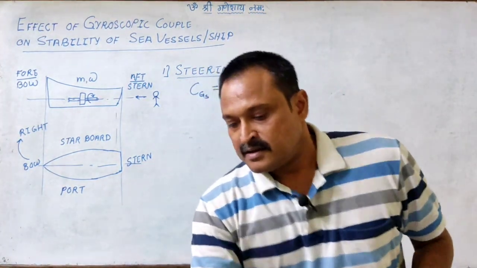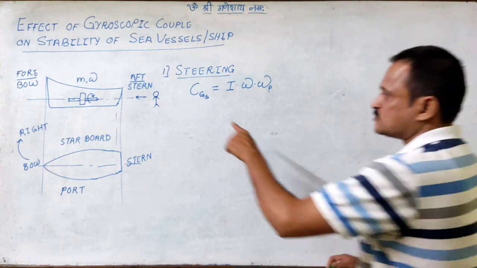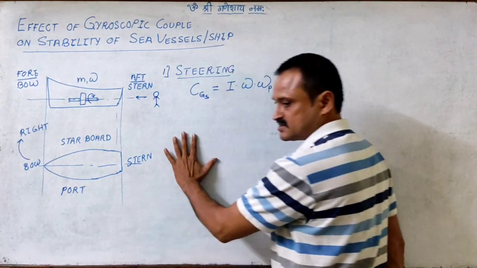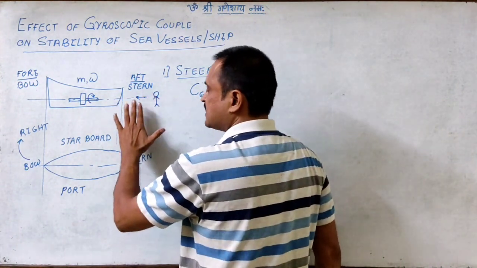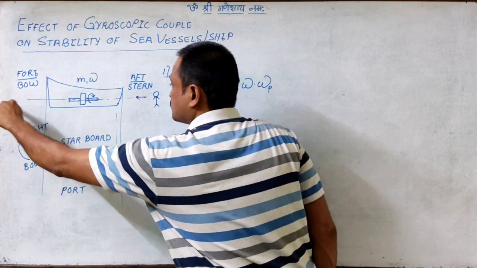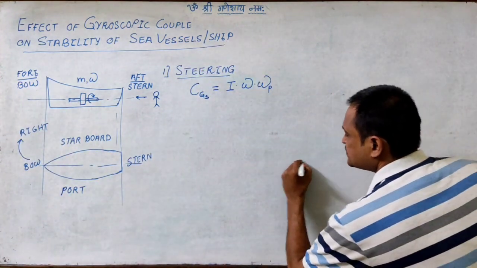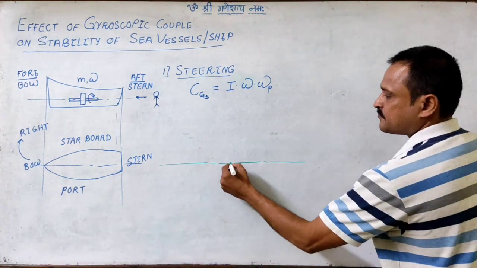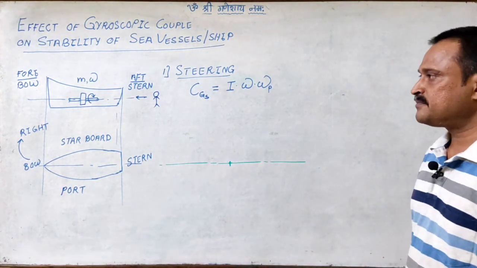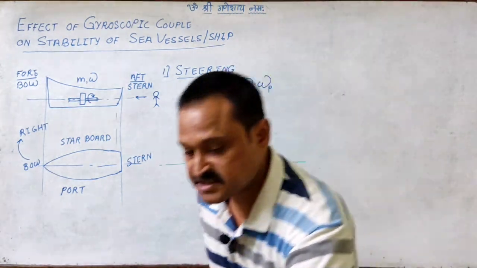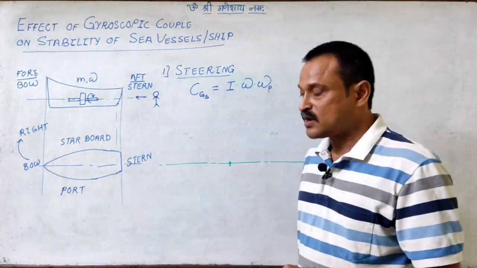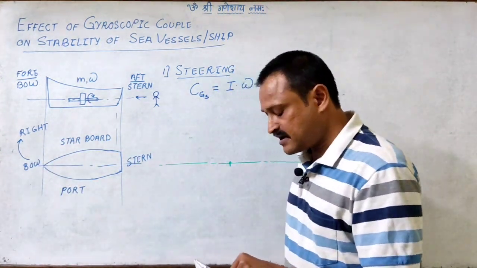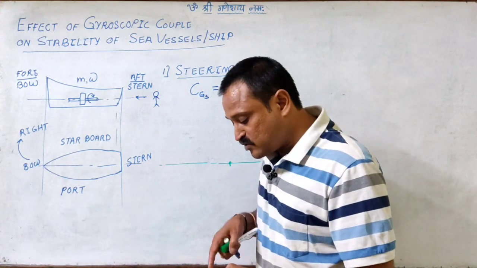So again, the axis of spin, in this case, we have kept as horizontal. So this is the axis of spin. Now the boat is steering to the left, sorry, I have taken the condition as right. So the boat is turning to the right, as I, an observer, look at it from the top.